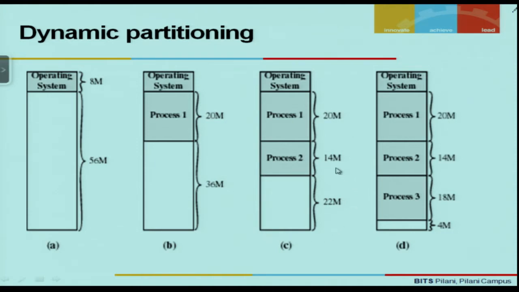At the next instance, another process comes in that requires 14 megabytes. That process gets loaded, leaving 22 megabytes of free memory. Eventually, process 3 comes in, requiring 18 megabytes, and it gets loaded, leaving only 4 megabytes of memory.